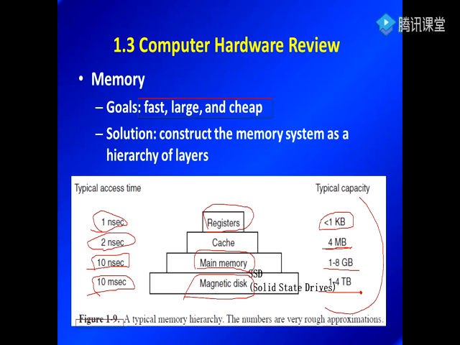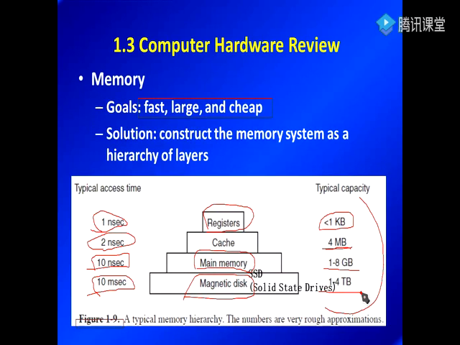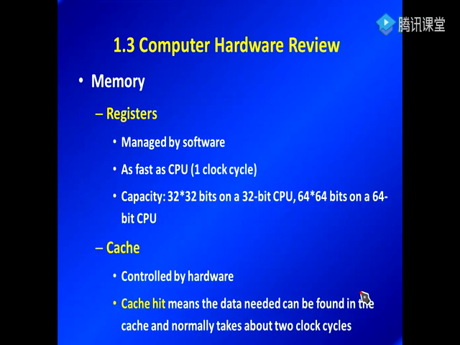So that's the hierarchy of the memory. We explained them a lot based on this figure. So we'll take a quick look at the following slides. You can see registers.